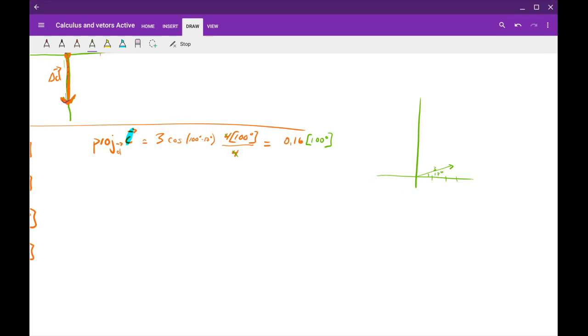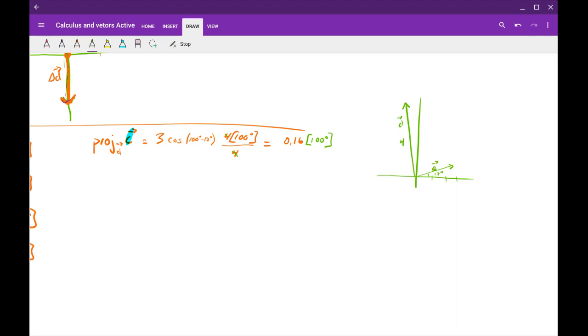Then let's draw the other one, which is 4 at 100 degrees. 100 degrees is like that, and 4 is there. This is vector D, and this is vector C down here.